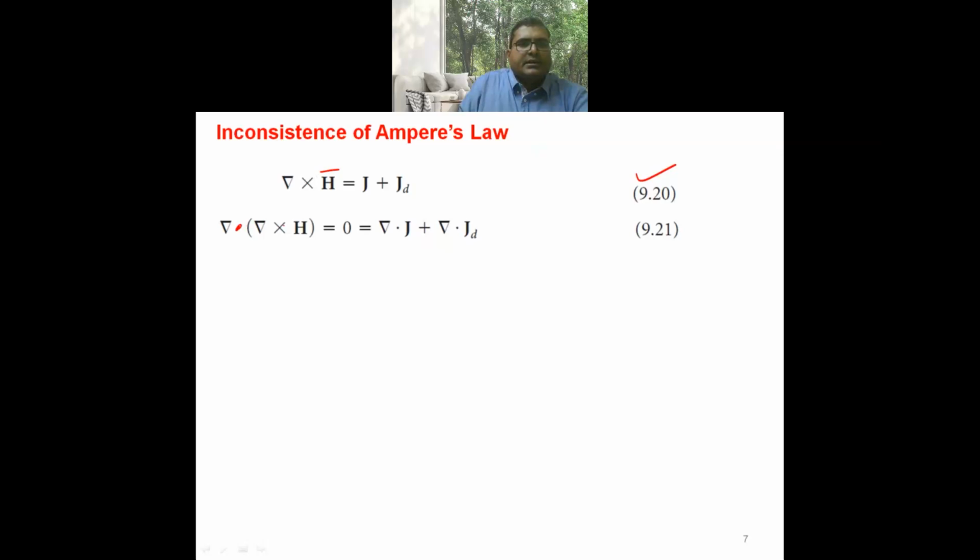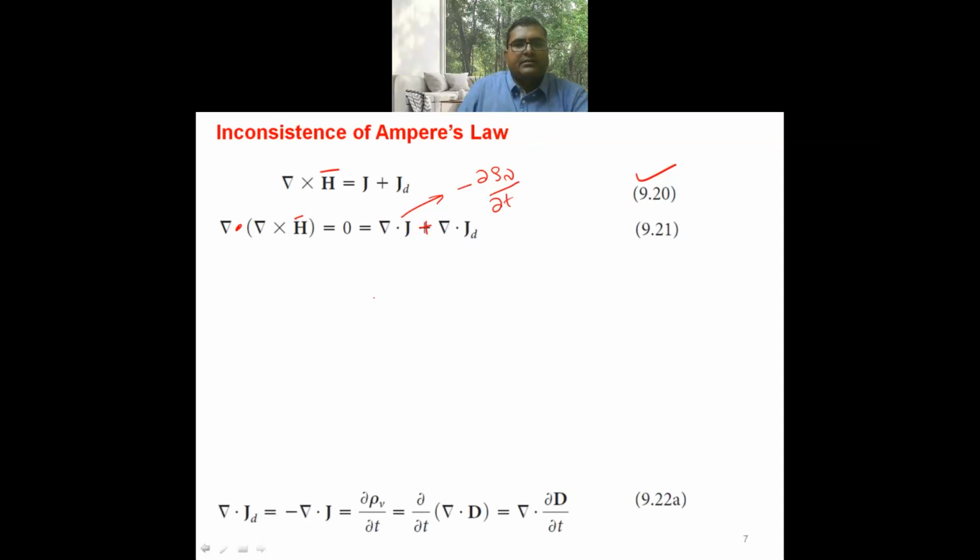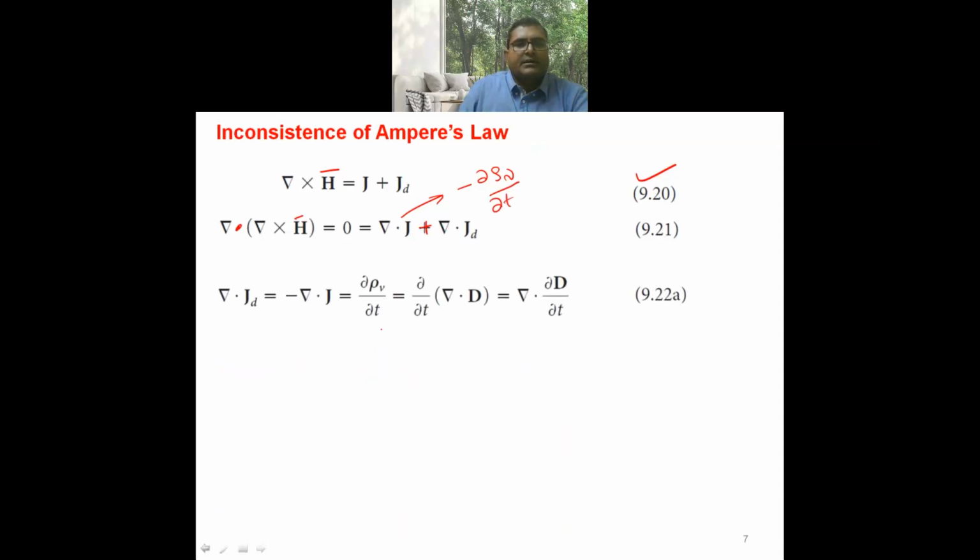Here H is a vector, so del dot of del cross H, the divergence of curl of any vector, is equal to 0, and it equals del dot J plus del dot J D. Now here you can substitute minus dou rho v by dou t for del dot J, followed by plus del dot J D. After simplification, what you get is the value of J D as dou D by dou t, where D is the electric flux density.